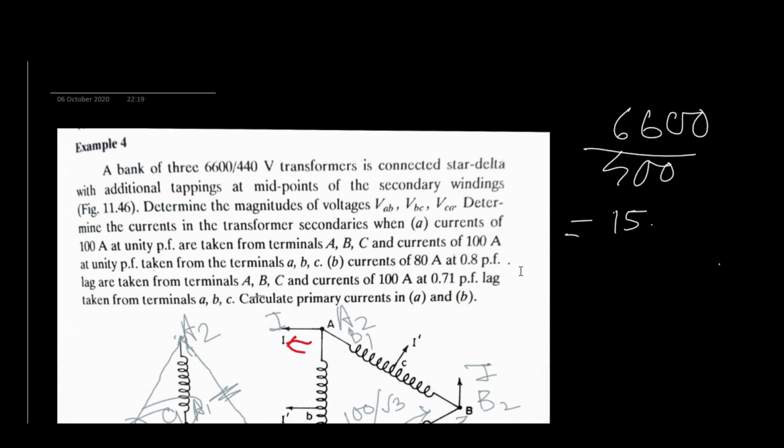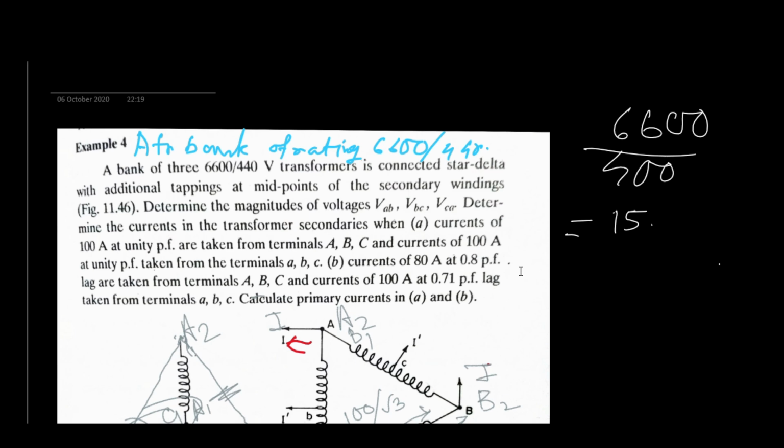Had I mentioned it as a transformer bank of rating 6600 by 440 volt comprising three identical transformers, in that case you would have to divide this 6600 by root 3.